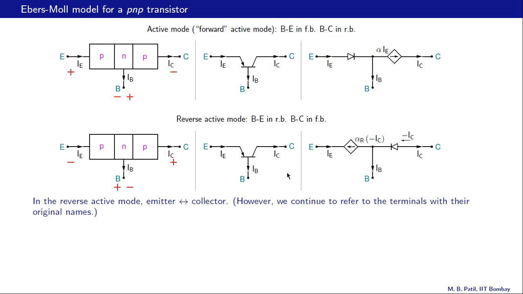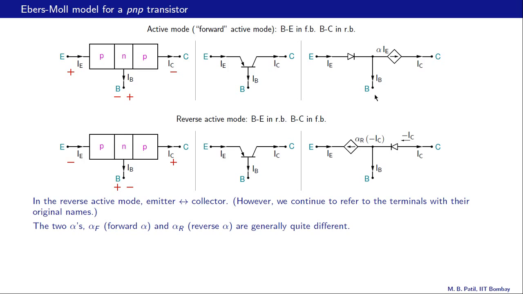And note that we have continued to use the same terminal names, so collector here, although this terminal is now acting as an emitter because that is under forward bias. So there is an alpha associated with this active mode, or more appropriately the forward active mode, and there is also an alpha associated with the reverse active mode.